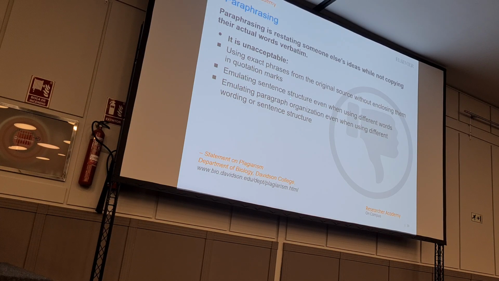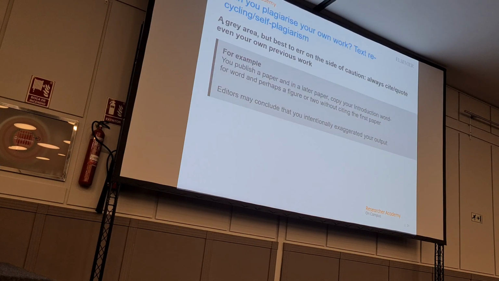Also, emulating the sentence structure even when using different words, or emulating the paragraph organization even when using different wording and sentence structure, is a problem, so you can utilize your own paraphrasing. And can you also plagiarize your own work?